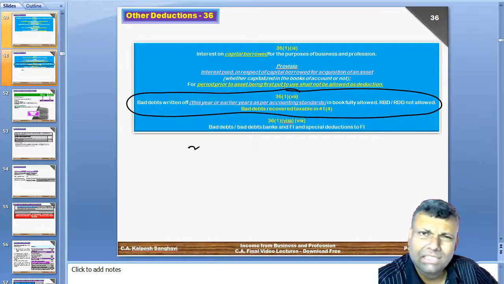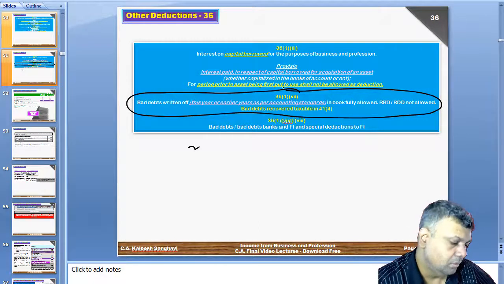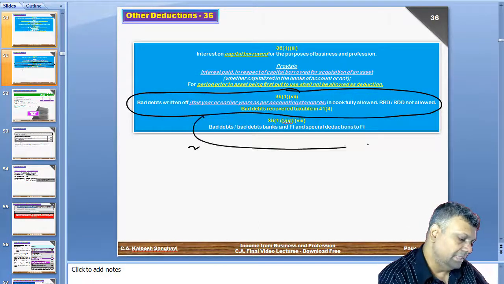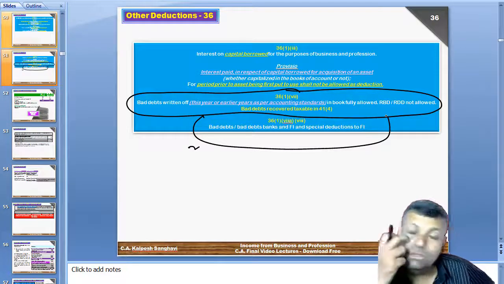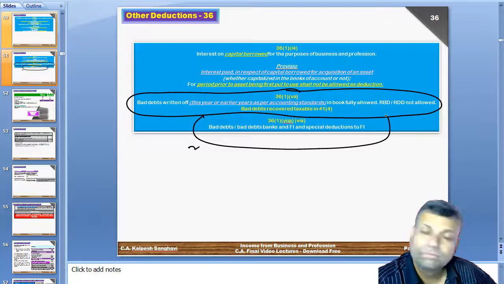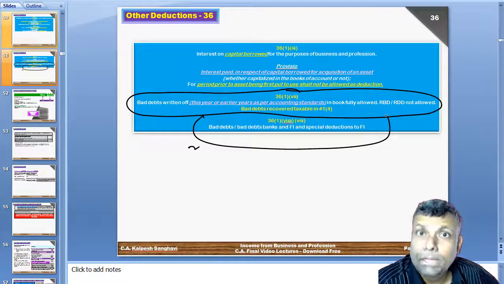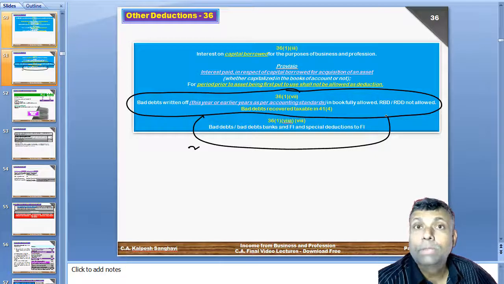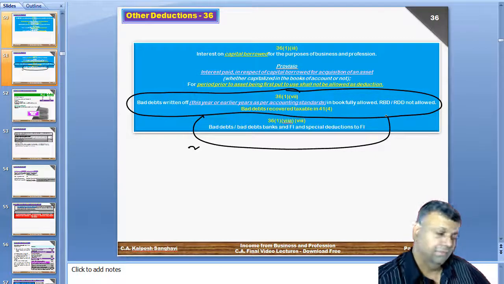In detail, we have discussed in the business income also, but this is just bringing it to your notice. 36(1)(viia) is here. Bad debts for banks and financial institutions, special provisions. And these two provisions, 36(1)(vii), the bad debts, and 36(1)(viia) provisions with respect to the bad debts for banks and the financial institutions.